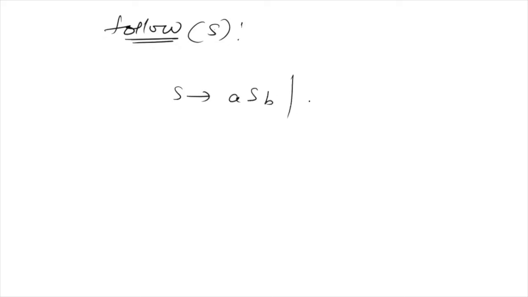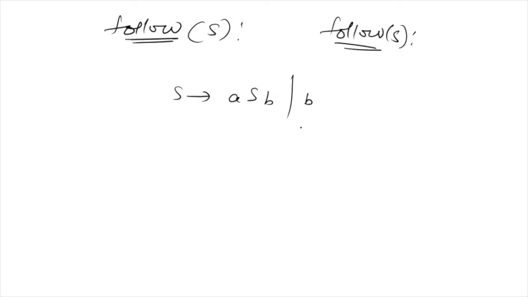Now let's find out how to find follow of a non-terminal, for example follow of S, follow of A. Let's take this grammar: S goes to ASB/B. Now we want to find what is follow of S. The algorithm is very simple.